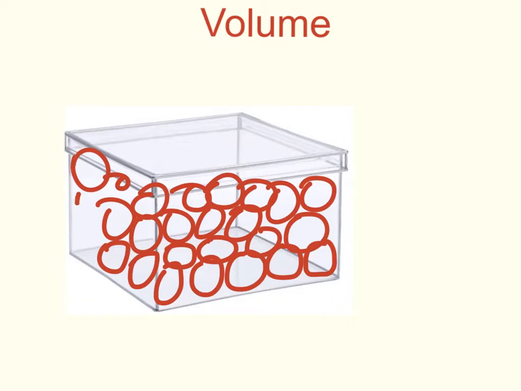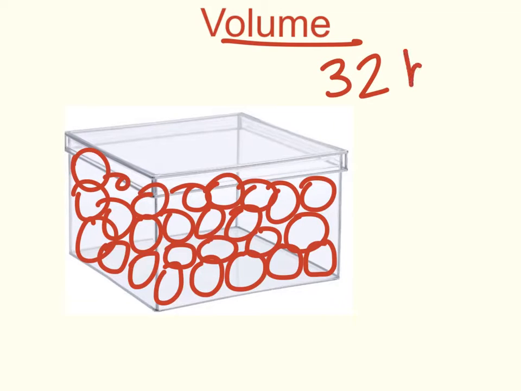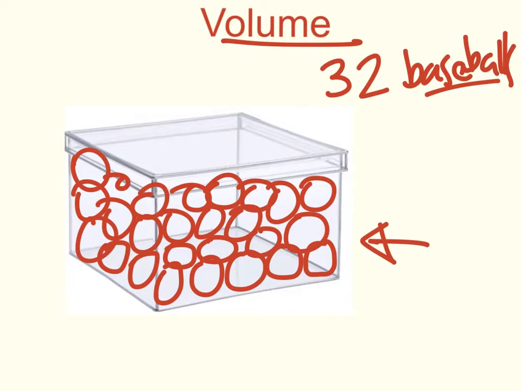And once I find out how many baseballs fit in there, I would write the volume of the box in baseballs. So I might say something like, the volume of this box is 32 baseballs. And the reason I have to say baseballs is because that's the unit of measurement that I used to describe how big the box was, the volume of the box.